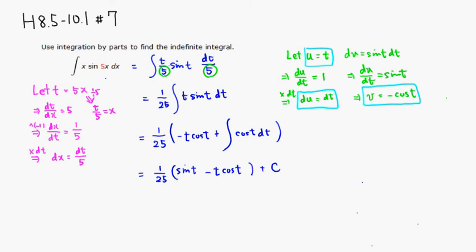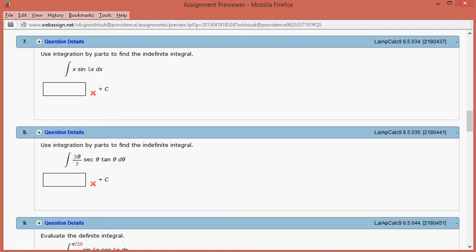Then we can replace t by 5x, putting the original expression back in. 1 over 25 times sine of 5x, and minus 5x cosine of 5x, plus some constant c. So let's type it in.